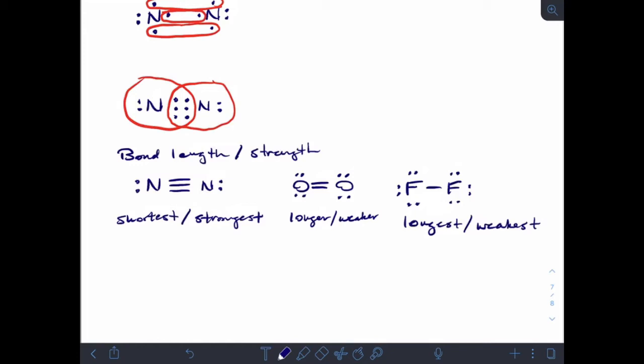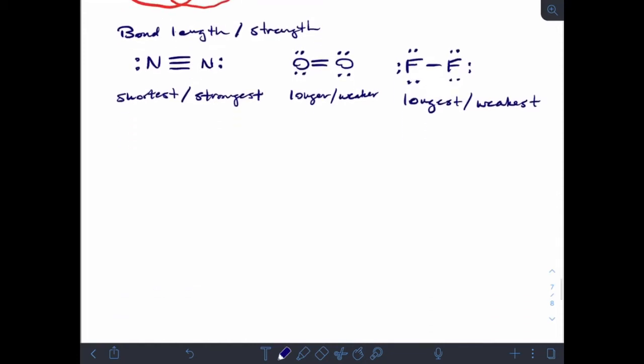So the triple bond is the shortest, strongest bond. We can also talk about bonds in terms of what is known as bond order. In the next chapter, we're going to use bond order more extensively in terms of how to calculate a value for it.